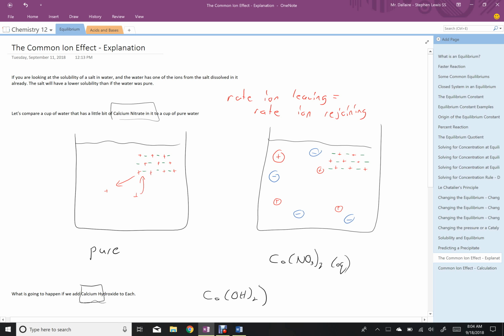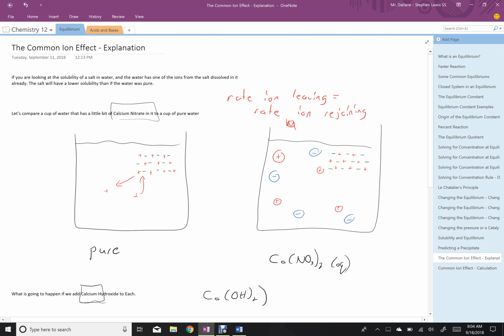Even in very low solubility salts, this requires some number of ions to leave the crystal and go into the solution in the first place. If there's no ions in the solution, then there's none available to rejoin, so this rate would be 0. So any salt you put in, no matter how insoluble, a tiny, tiny, tiny part of it is going to start by jumping into the solution.